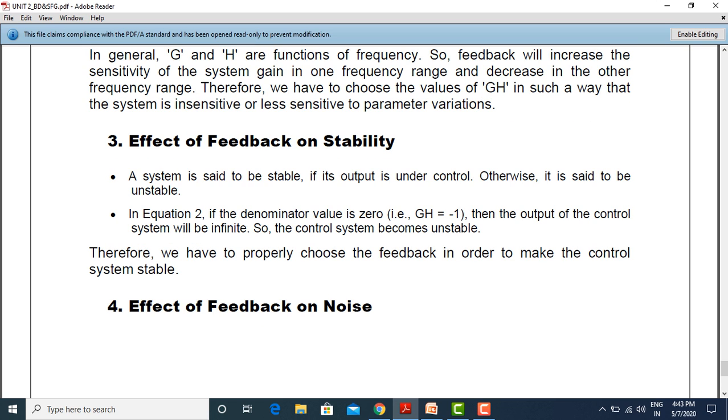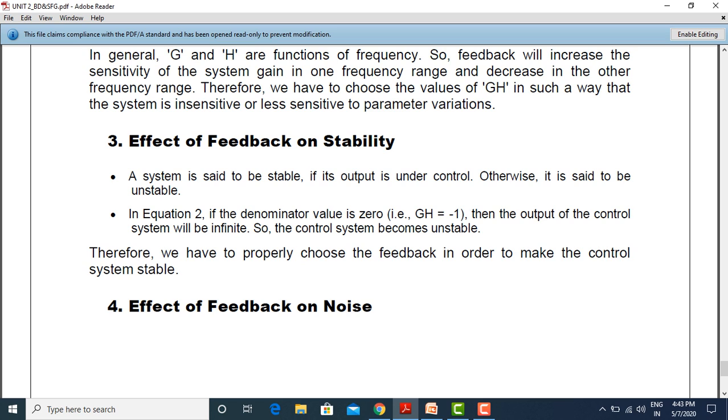A system is said to be stable if its output is under control. Otherwise, it is said to be unstable. If the denominator value is 0, GH equals -1, then the output of the system will be infinite, so the system becomes unstable. So most of the times 1 plus GH, the feedback is negative.